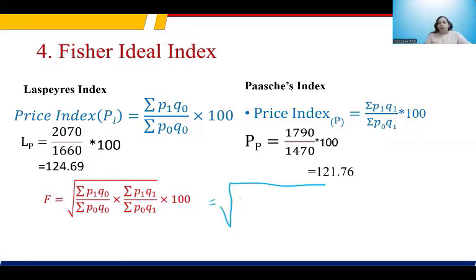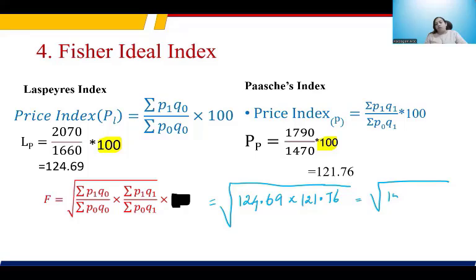Now what is Laspeyres Index? 124.69 multiplied by the Paasche index, 121.76. I'm not going to multiply this by 100. The reason is in the already calculated formula we have used 100. Let's not do a double multiplication here. This will give us an answer of 151,082.25. The final answer stands at 123.22. This is straight away when you have got it.